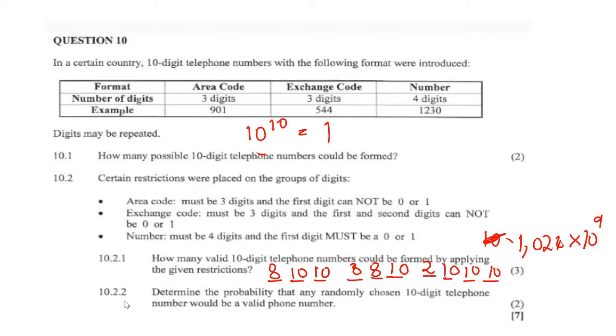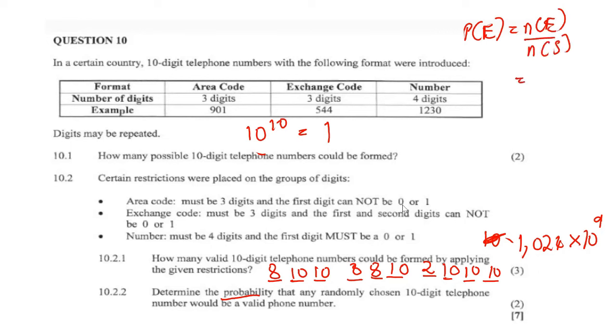And then 10.2.2 says, determine the probability that any randomly chosen 10-digit number would be a valid phone number. So now we are determining the probability. We know that the probability of an event is the number of outcomes of the event over the number of outcomes in the sample space, right?